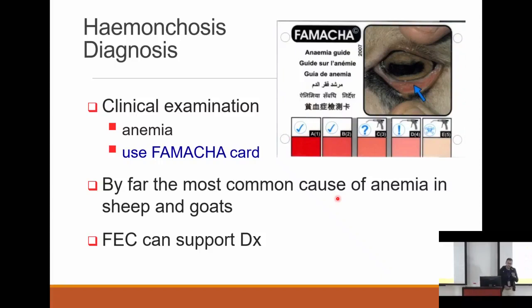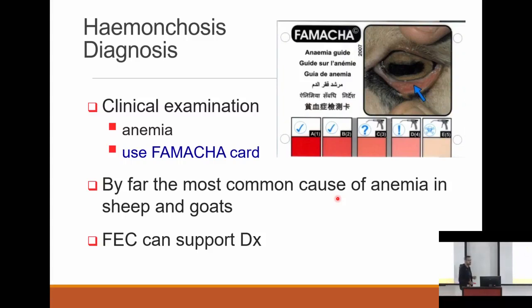However, keep in mind, if you say the animal is anemic, sometimes anemia can also be caused by some protozoan parasite or fasciolosis. In the region where you work, you may see other diseases that may cause anemia. Therefore, fecal count is important.